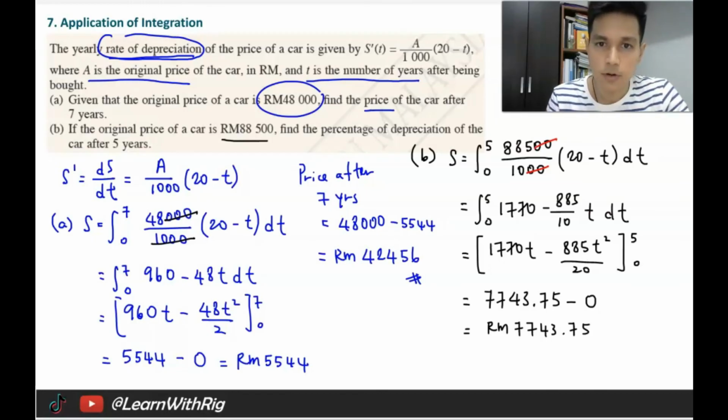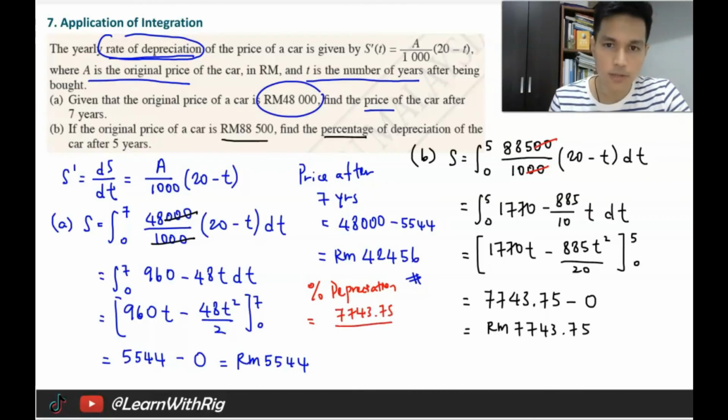Why? Because they asked for percentage. So how do you find percentage? Let me write here. Percentage depreciation equals the amount of depreciation, which is 7743.75, divided by the original price of the car, which is 88,500, times 100%.